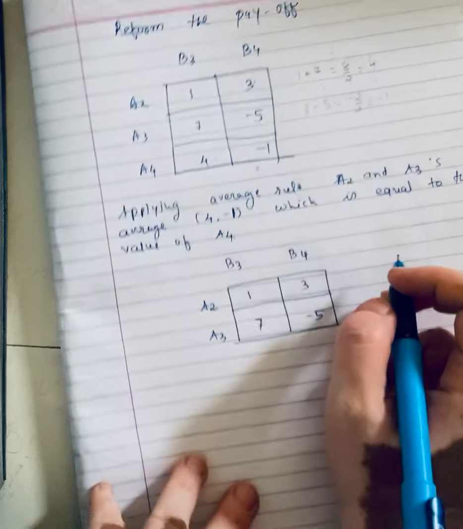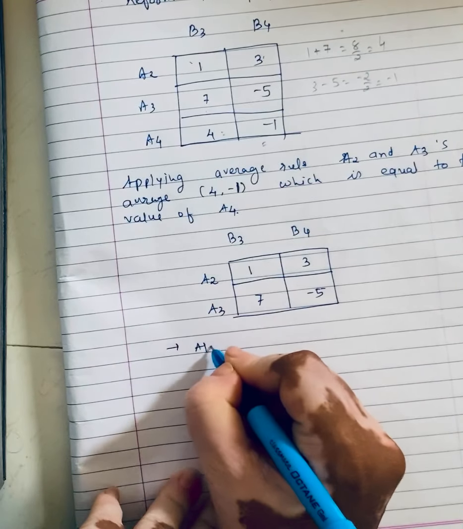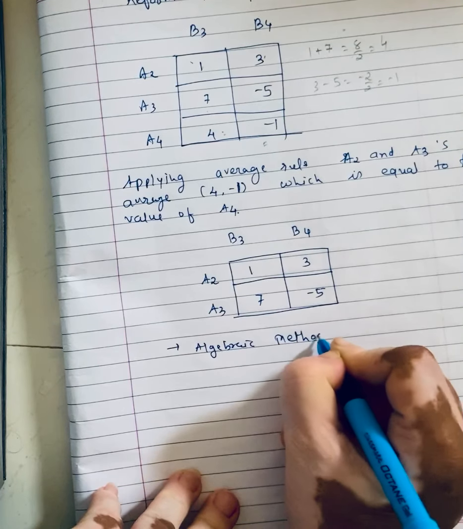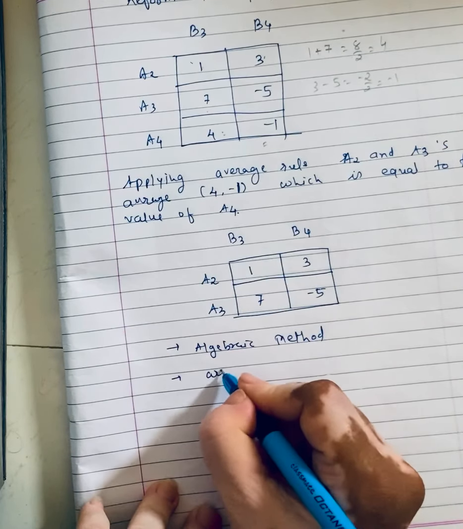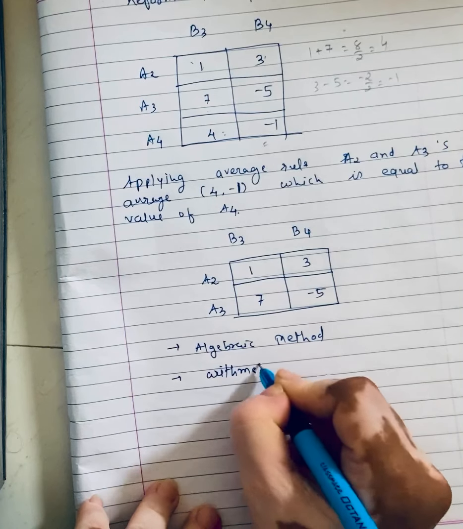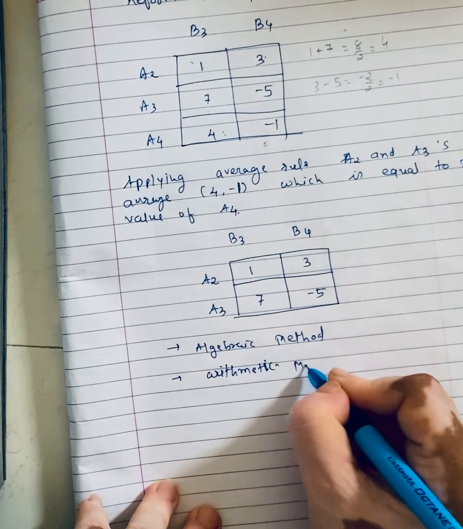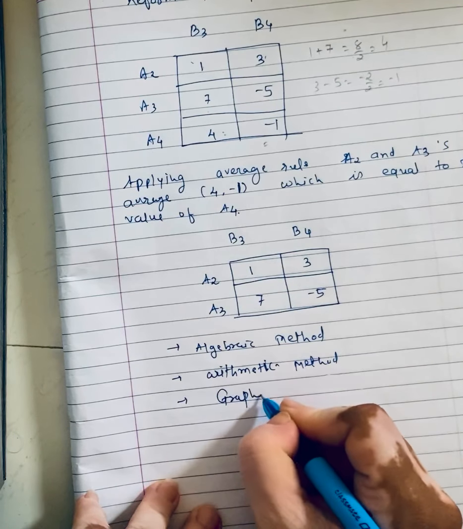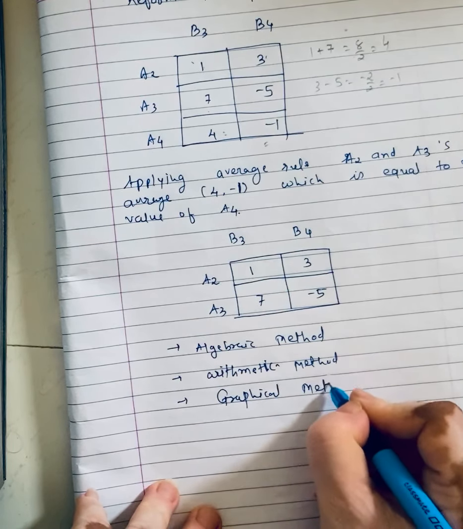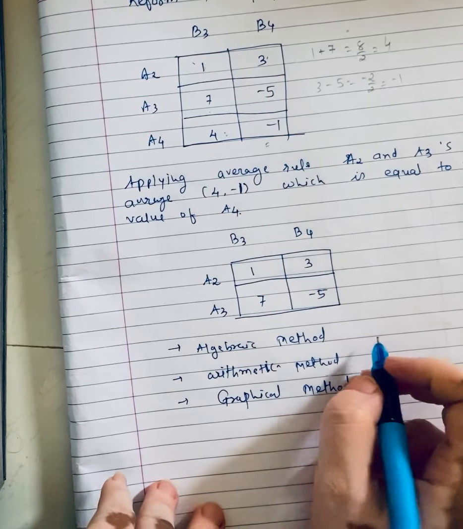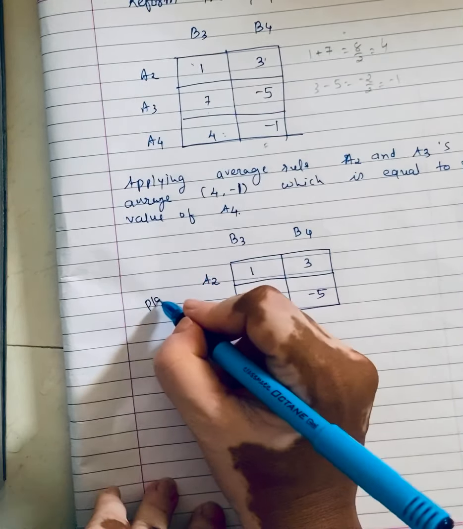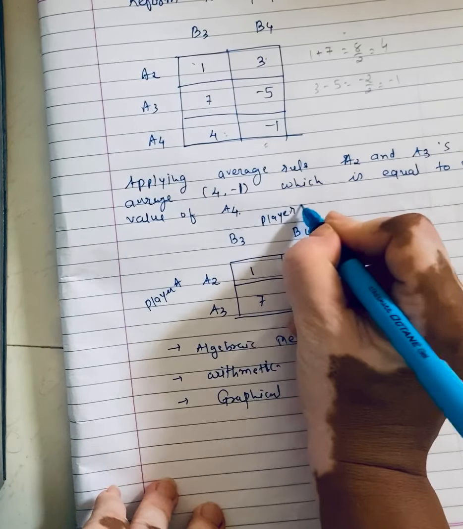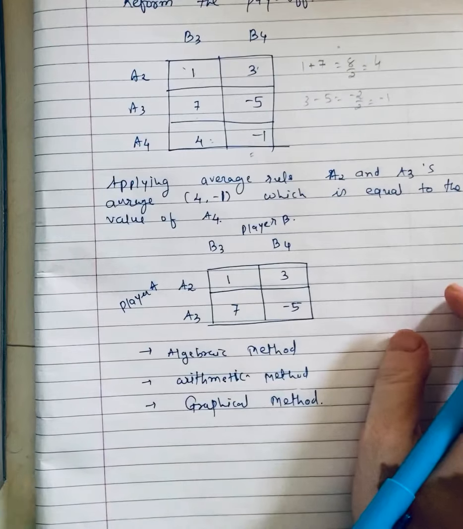Okay, first is algebraic method, second one is arithmetic method, and third one is graphical method. Okay, this is player A and this is player B.